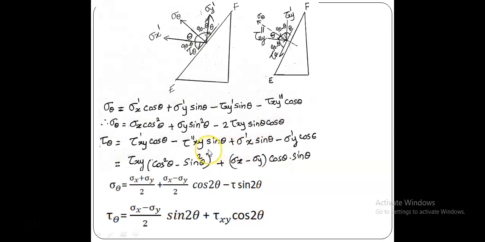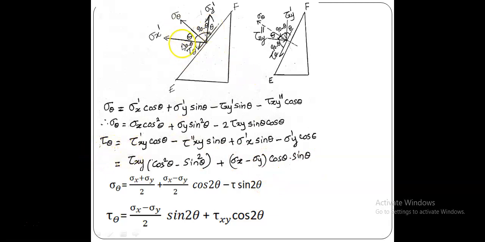Therefore minus tau xy double dash into sin theta, because tau xy double dash is inclined at an angle 90 minus theta, therefore tau xy double dash cos (90 minus theta), or tau xy double dash sin theta. It should be minus, because when you position it here and it coincides with this tau theta, it goes upward, whereas tau theta is downward, and therefore it is negative. That's all.